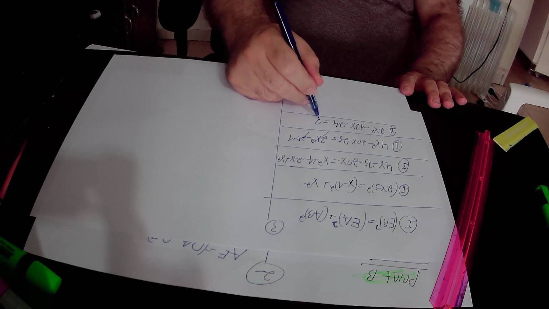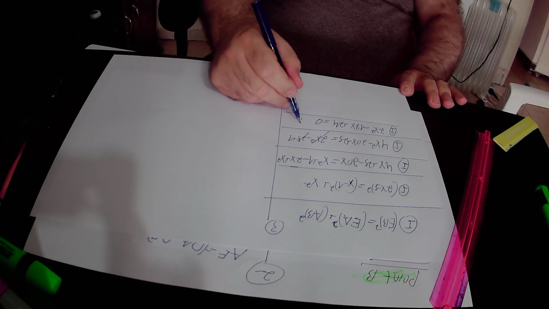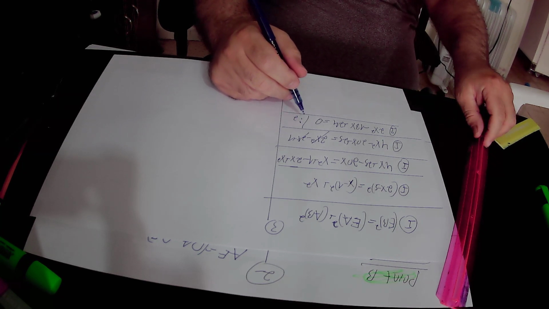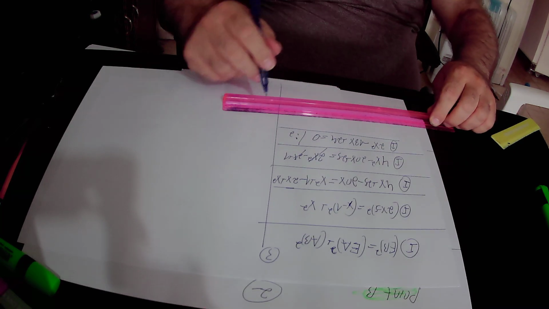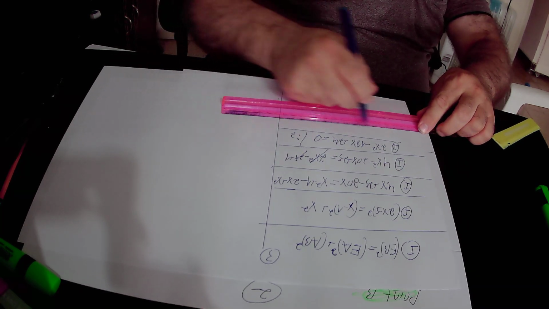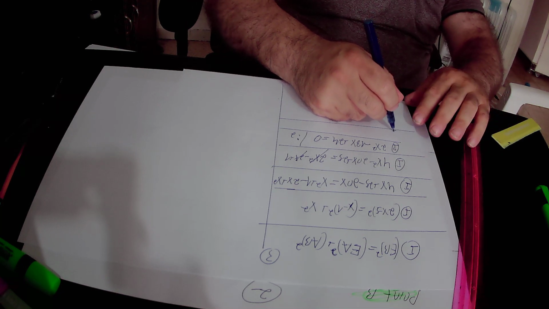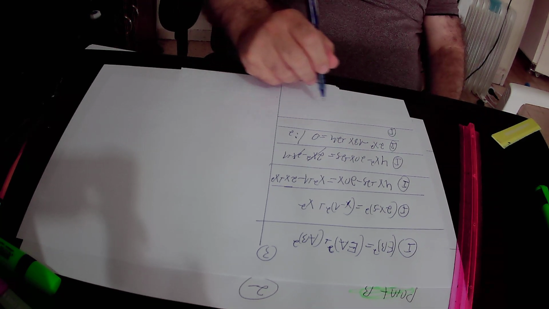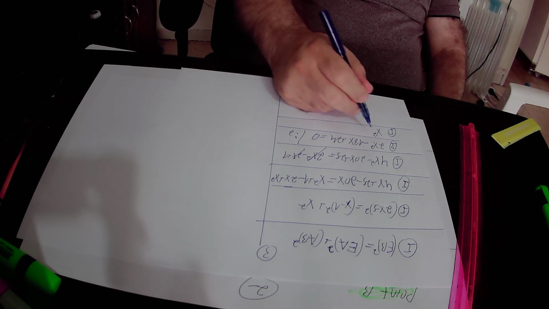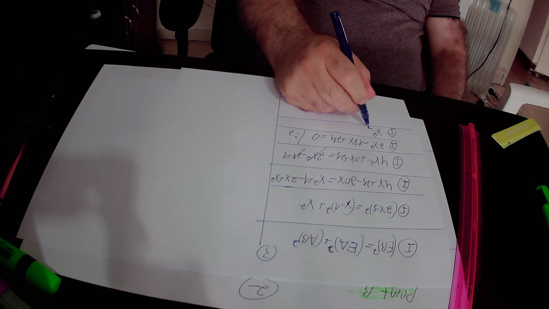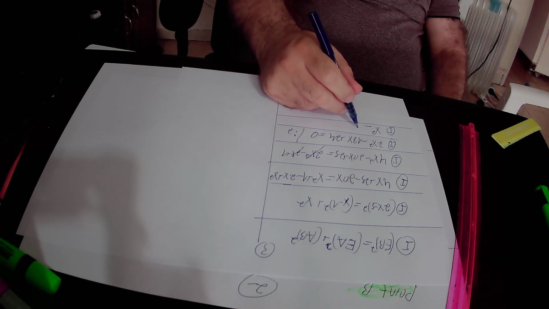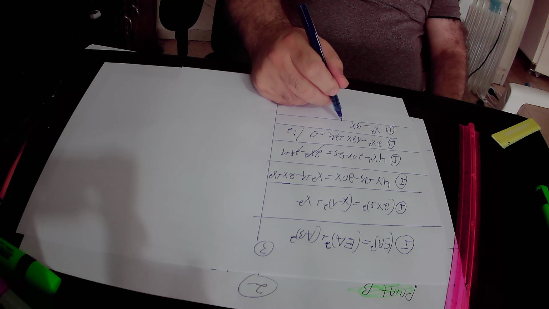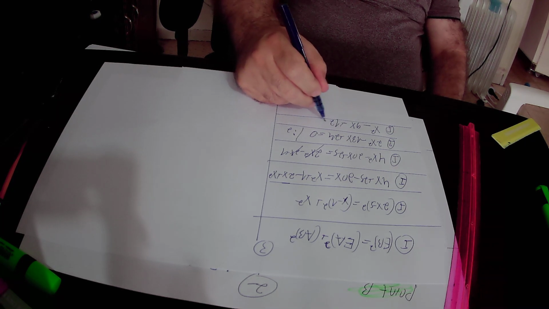Here we will divide equation number 1 by 2, and we get that 2x squared over 2 is x squared, minus 18x over 2 is minus 9x, and 24 over 2 is 12. 0 over 2 is 0.